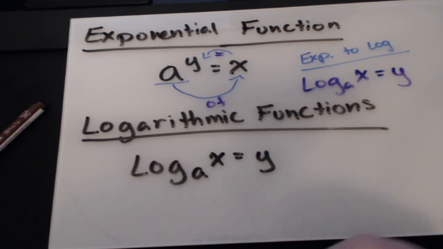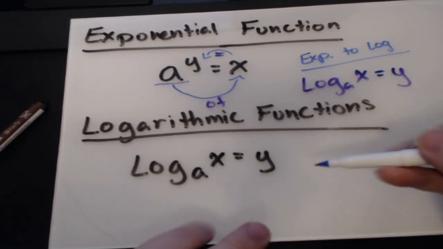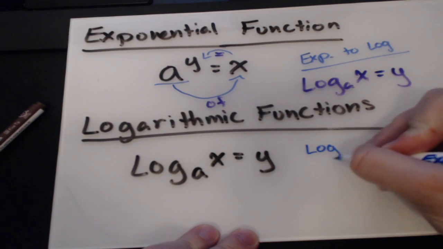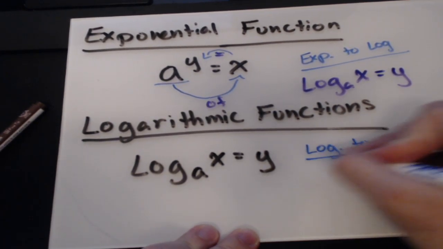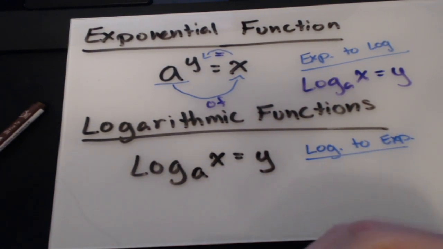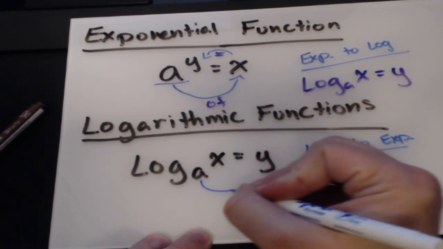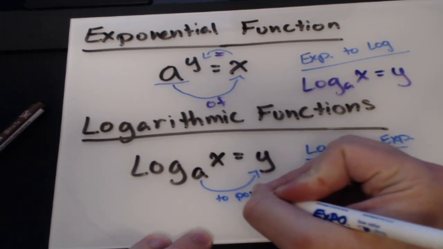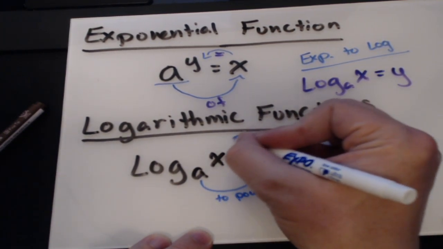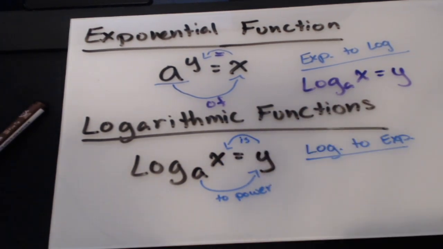So if we're going the other way and we say, I want to go from log to exponential, we can make that happen by doing the same idea. Your base to the power, is x.